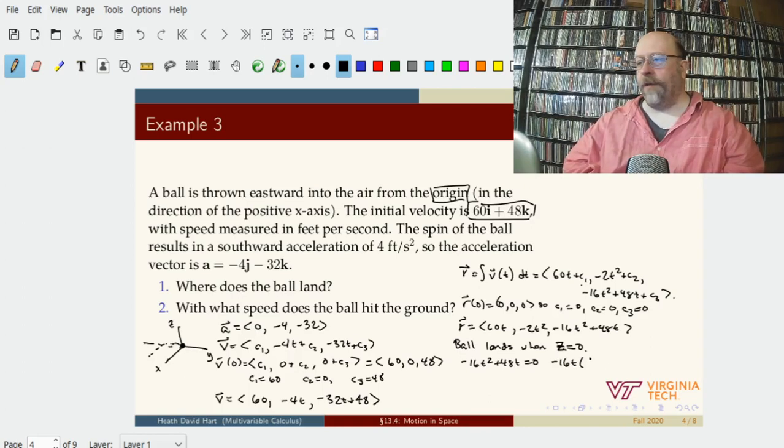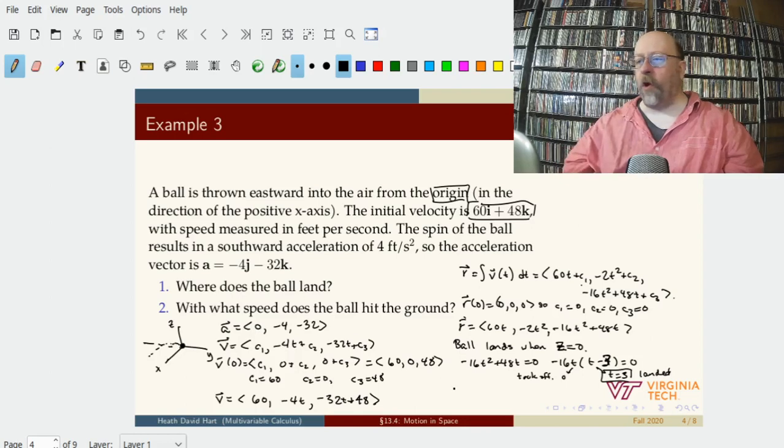And I'm left with t minus 3 is equal to 0, sorry, 16 times 3 is 48. And so we have two times. t equals 0 is the time that the ball left the ground. t equals 3 is the time that the ball landed. This is the time when the ball took off.